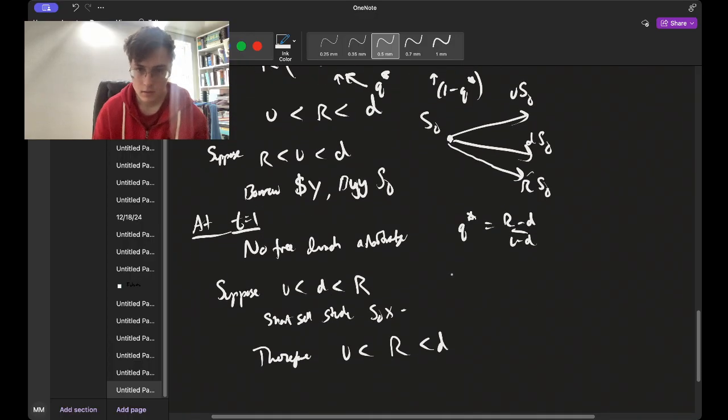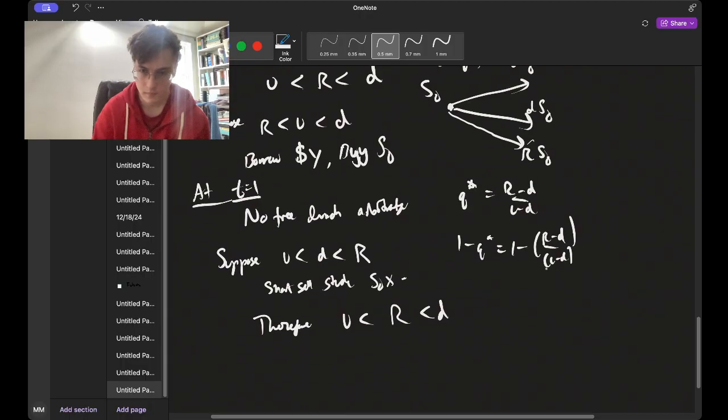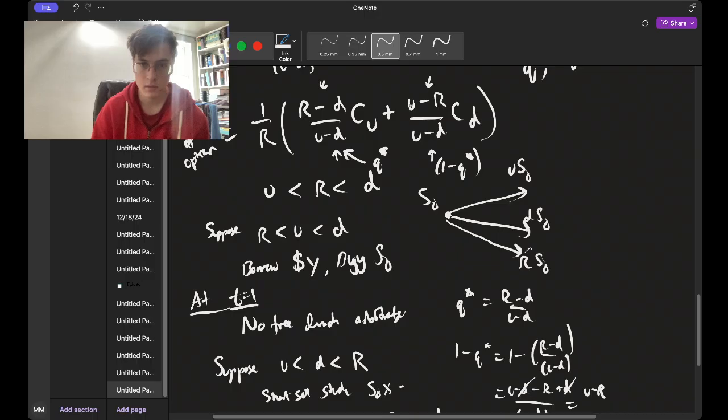Then 1 minus Q star is 1 minus (R minus D) over (U minus D), and so then we have (U minus D minus R plus D) over (U minus D). The D's cancel out and we end up with U minus R. So 1 minus Q star is equal to this. So they sum up to 1 is what I'm trying to say.